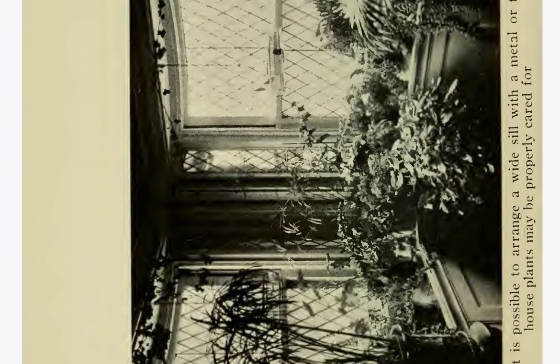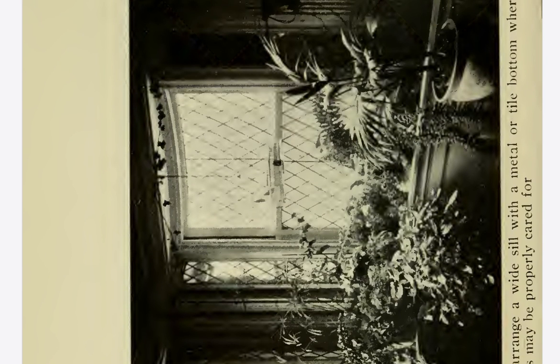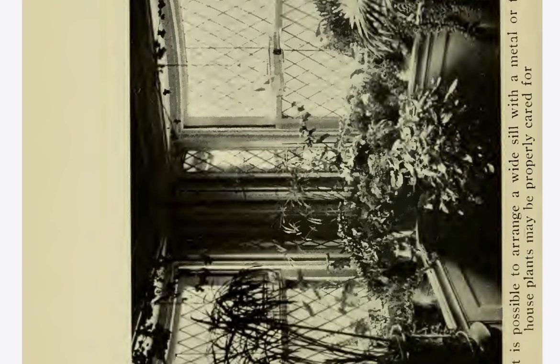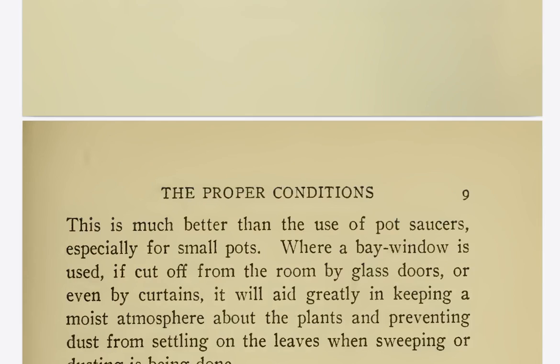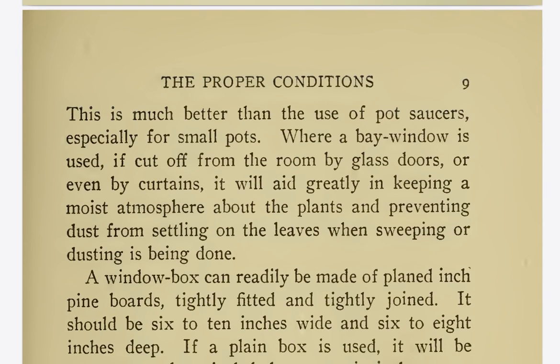In almost any house, it is possible to arrange a wide sill with a metal or tile bottom where houseplants may be properly cared for. This is much better than the use of pot saucers, especially for small pots.